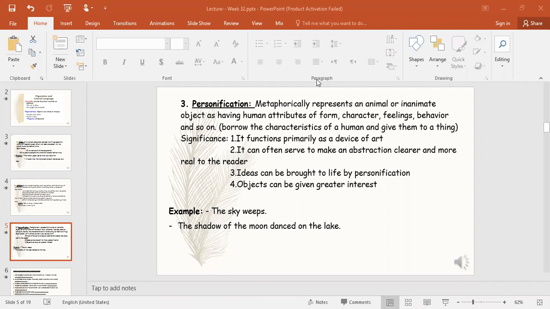Because the lake was moving, you can see the shadow of the moon moving also on the lake. Okay?